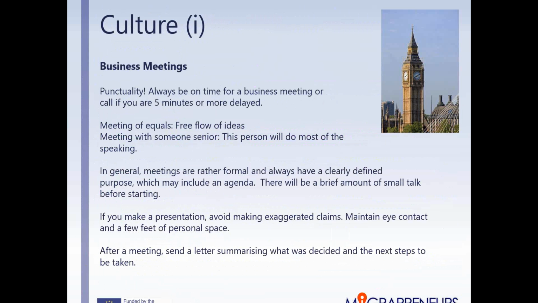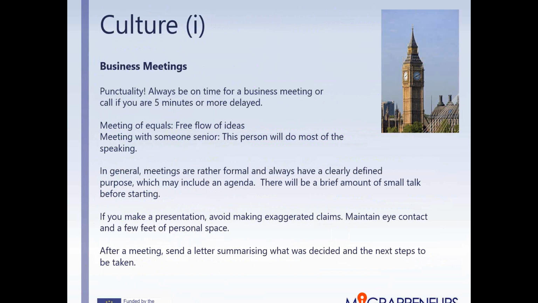In terms of meetings with people, it tends to be different depending on the situation. If you are meeting an equal on a more one-to-one basis, the meeting will tend to be more informal. But if it's a more senior person, or if you are meeting with a board of people, for example, in a group, that might be more formal, and they would generally have a very clear purpose for that meeting, and probably an agenda would be shared in advance.